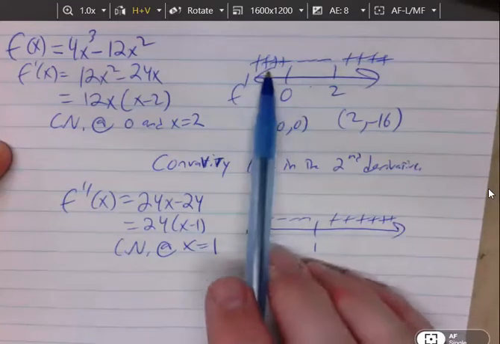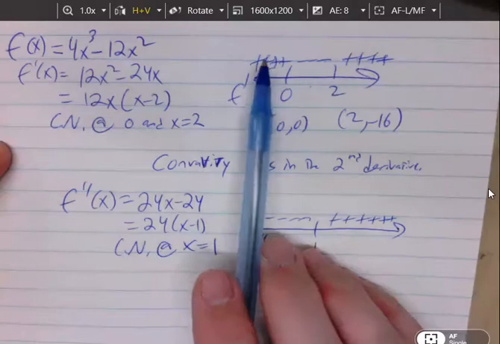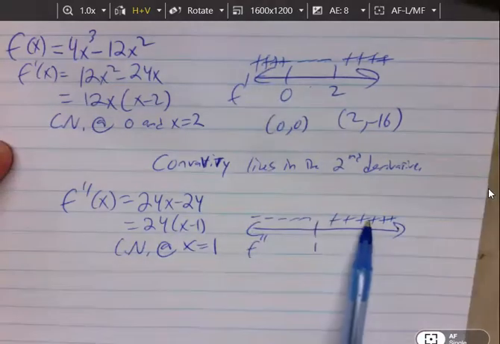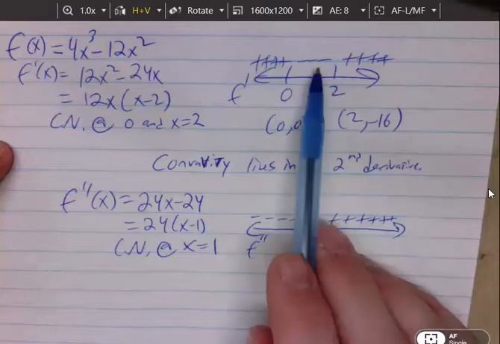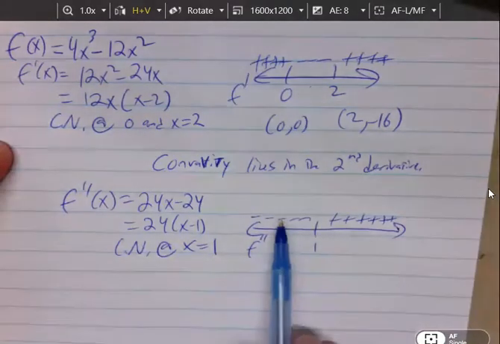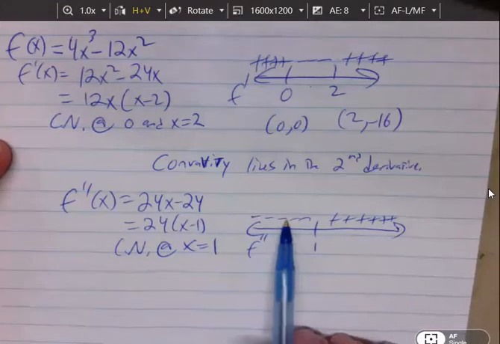So in the first derivative, the positive value gave us that the function was increasing. In the second derivative, a positive value tells me that I have concave up. When I have negative in the first derivative, that's decreasing for the function, and this is the function having a concave down sort of visual from this point to this point. Okay?